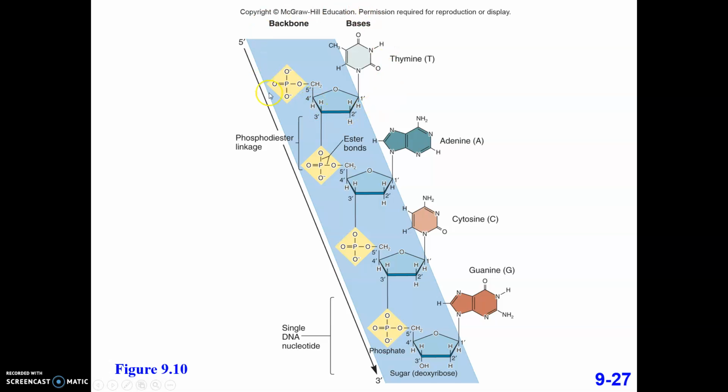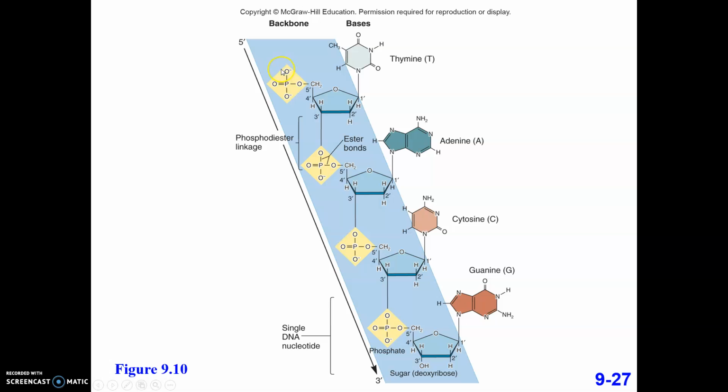Now, this is nucleotide number 1. If we go down to nucleotide number 2, we can see that its phosphate is linked up to carbon number 3 and to carbon number 5 of nucleotide 2.